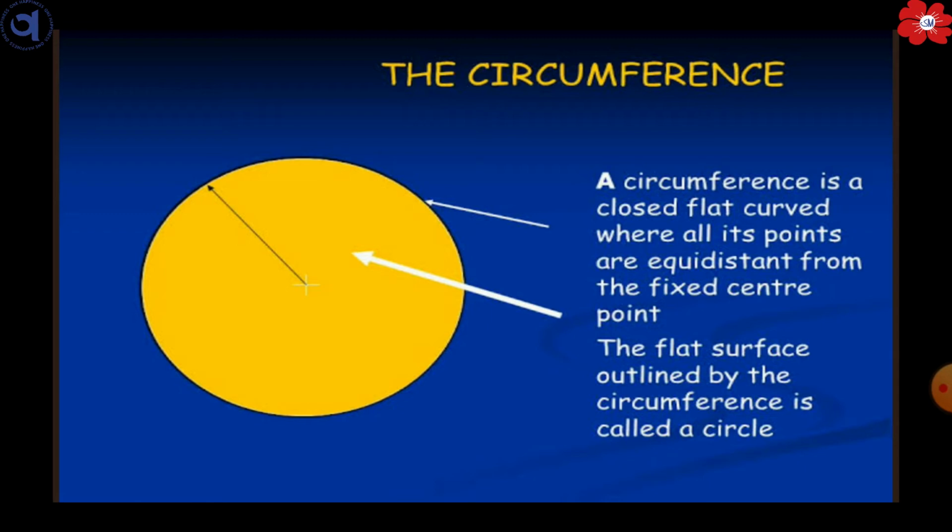The curved boundary is called the circumference of the circle. The flat surface outlined by the circumference is called a circle.